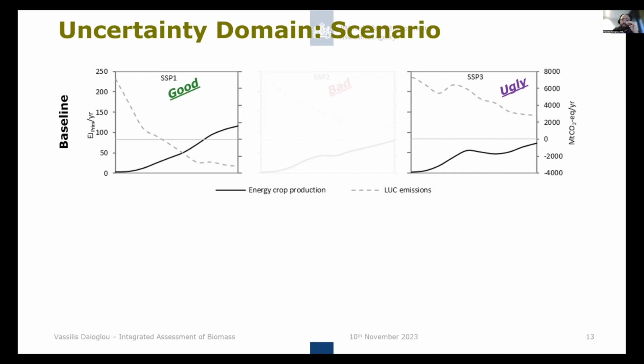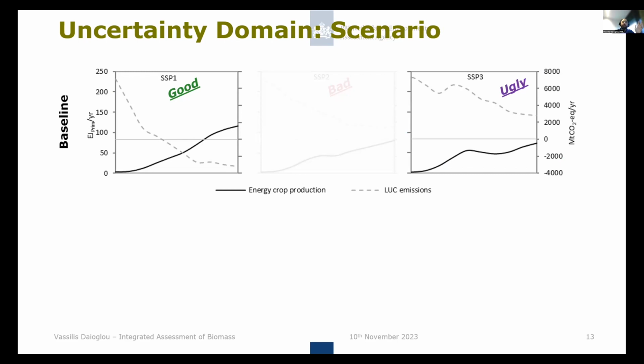So we have a large increase in bioenergy production, but also a huge decrease in land use change emissions. If we look at the ugly scenario, you see the opposite. You see less bioenergy being produced, still much more than today, but less than the good scenario, and you see land use emissions being consistently high.